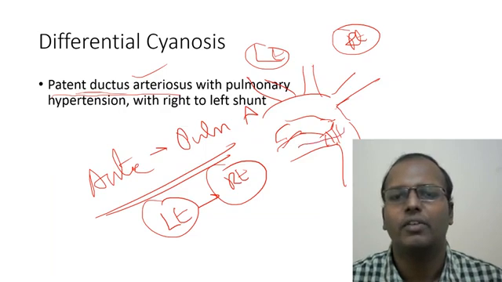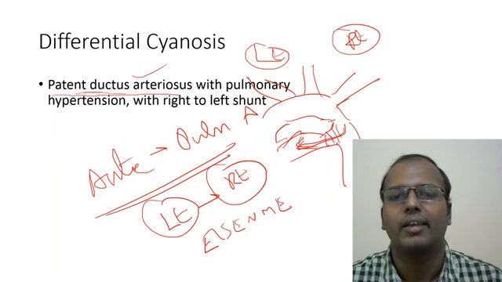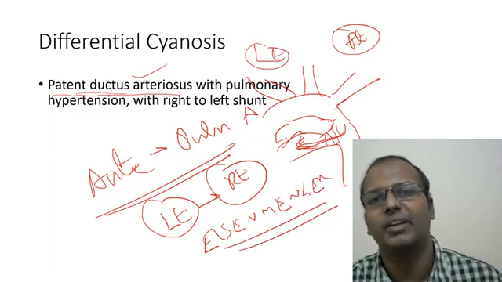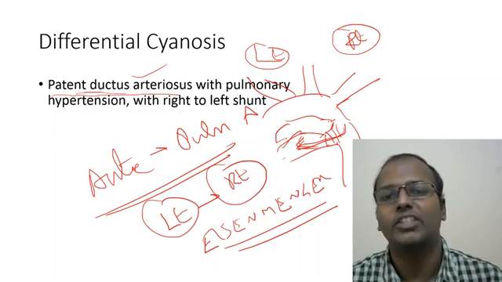Initially, the aortic blood flows to this area, and there will be no cyanosis. But when the pressure in the lungs increases beyond the systemic circulation, that condition is called Eisenmenger syndrome. When the pulmonary circulation pressure becomes more than the systemic circulation, it leads to a right to left shunt.